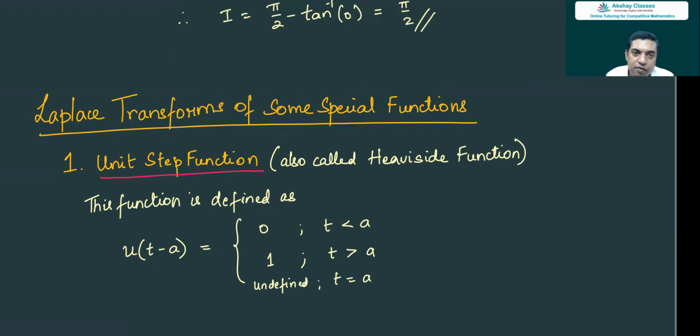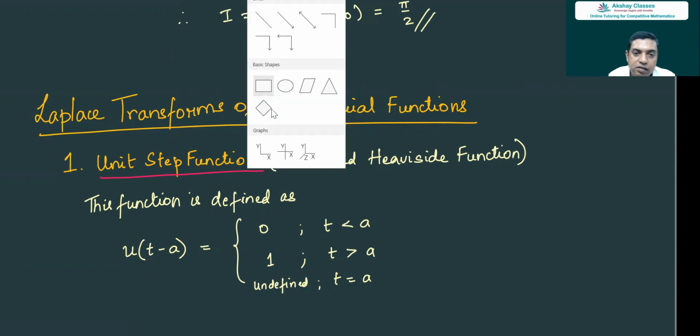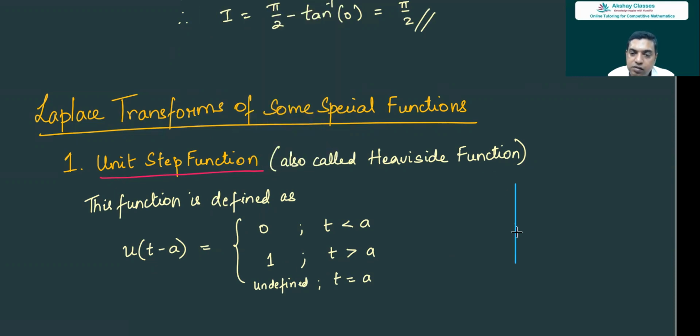So the graph of this function looks like this. This is t and this is u of t minus a.